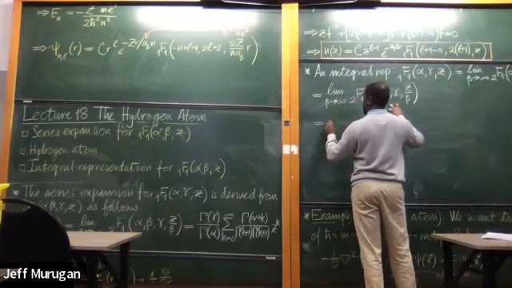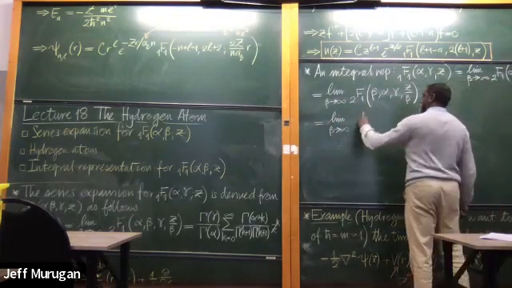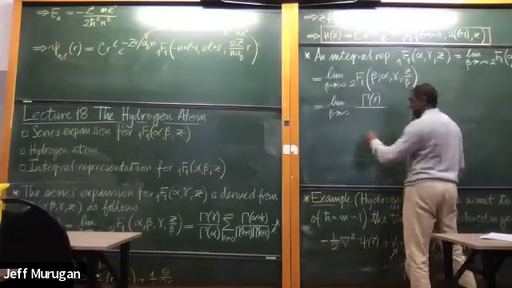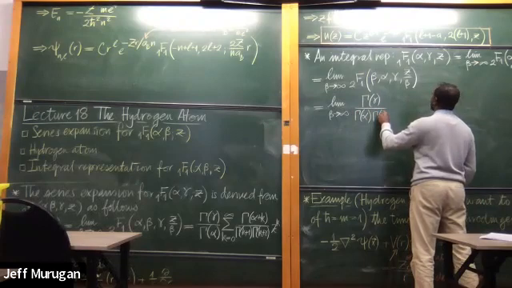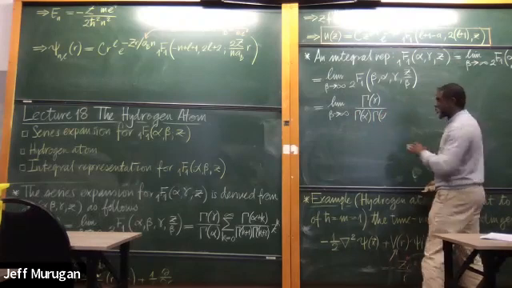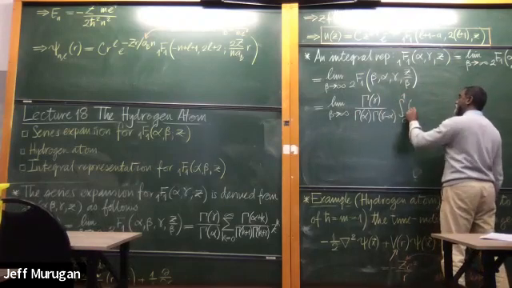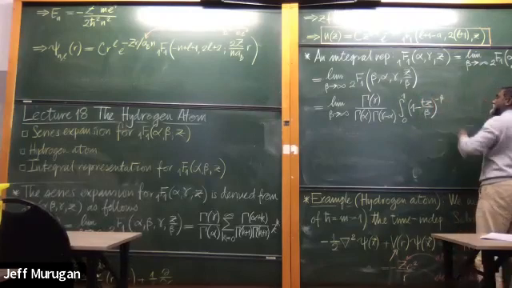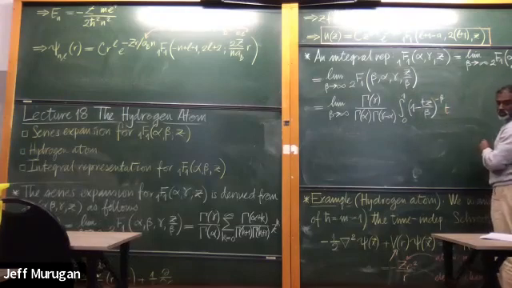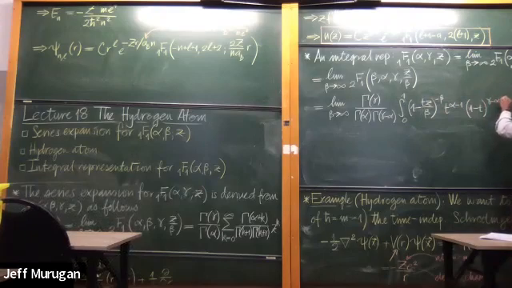So if I put this integral representation of the hypergeometric function in here, I get the limit of gamma of gamma over gamma of alpha, gamma of gamma minus alpha, times the integral from 0 to 1 of 1 minus t z over beta to the minus beta, t to the alpha minus 1 times 1 minus t to the gamma minus alpha minus 1, integrated with respect to t.